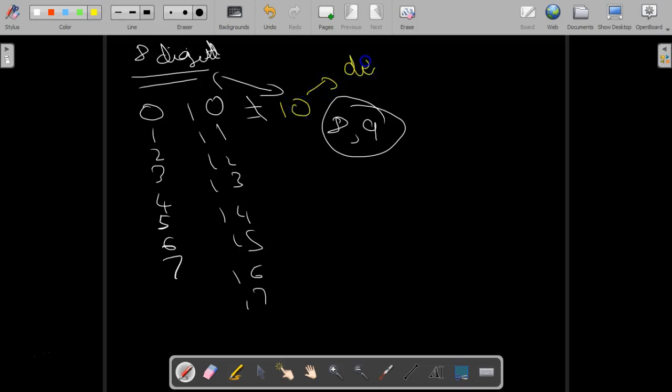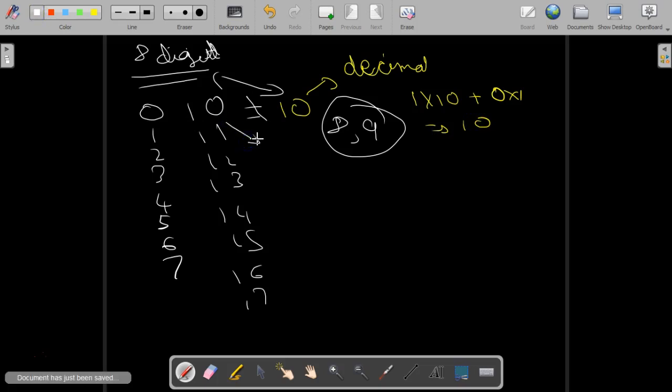In our decimal system, 10 means 1 times 10 plus 0 times 1, which gives us 10. But in this case, which is an 8-digit number system, we are multiplying this number with 8 because we only have 8 digits to play with, and then adding the next digit multiplied by 1.